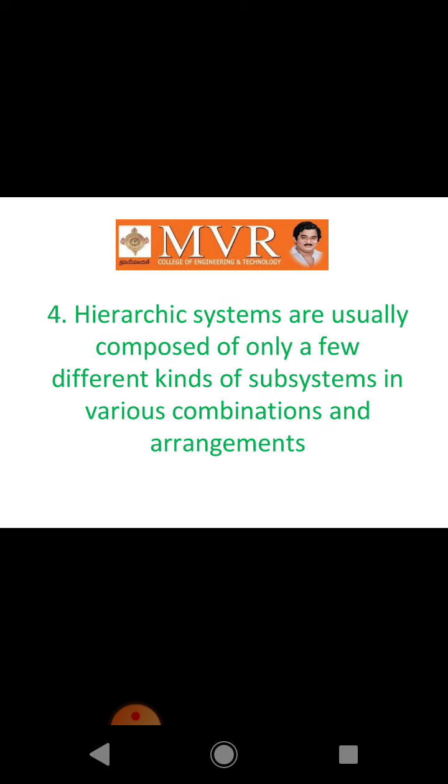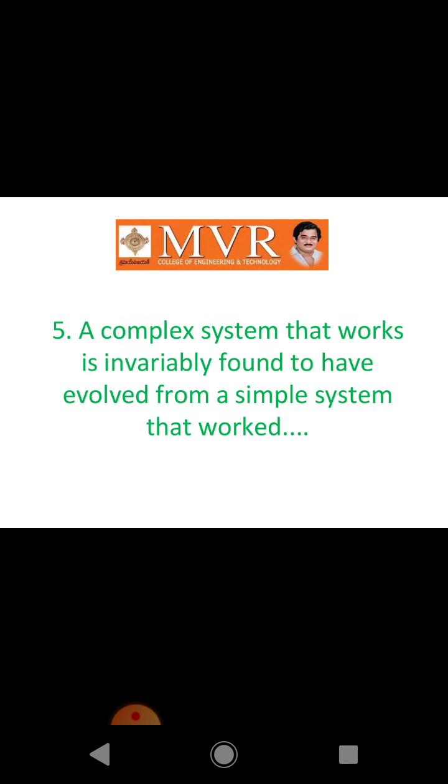And the fourth attribute is hierarchic systems are usually composed of only a few different kinds of subsystems in various combinations and arrangements. This is the fourth attribute. And the fifth attribute is a complex system that works is invariably found to have evolved from a simple system that worked.